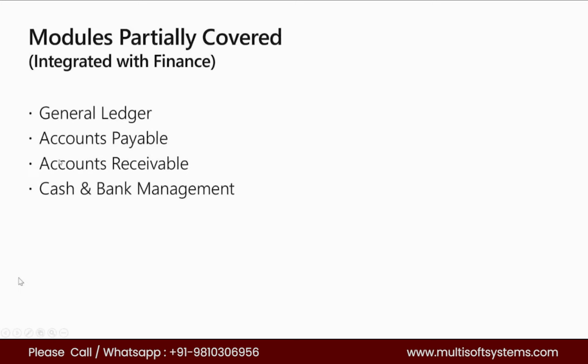According to that, we will be configuring the system. And we also use accounts payable, where there are some setups. What do you understand by accounts payable? The amount we pay, and we pay it to the vendor.